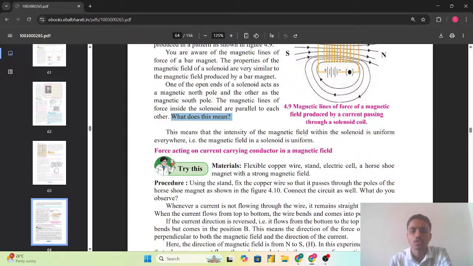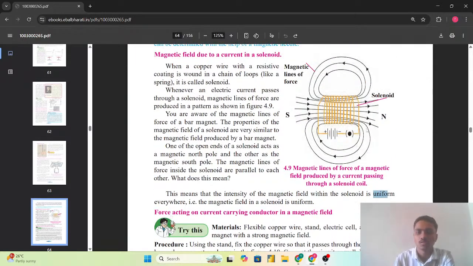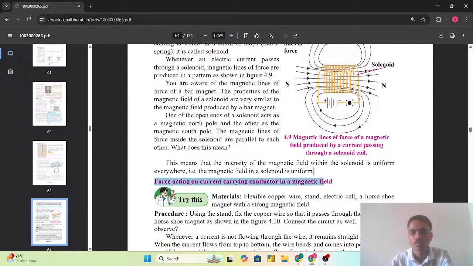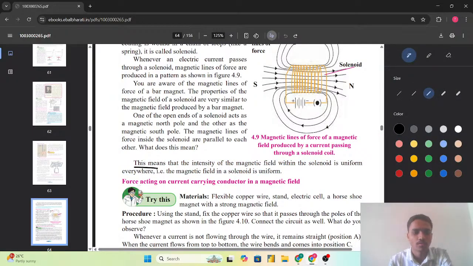This means that the intensity of the magnetic field within the solenoid is uniform everywhere. This question is asked many times in the exam: the magnetic field in the solenoid is uniform.